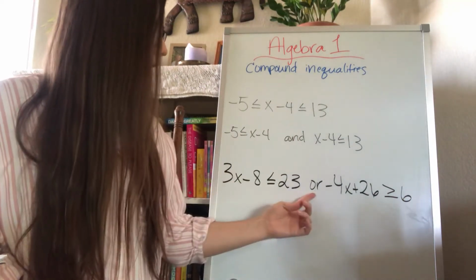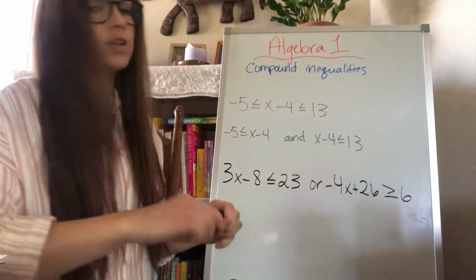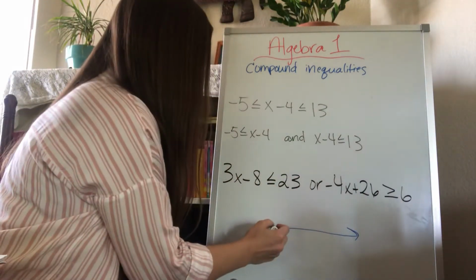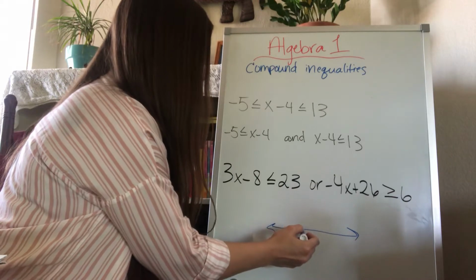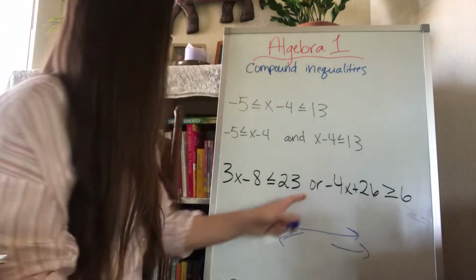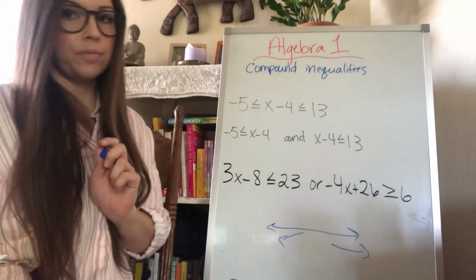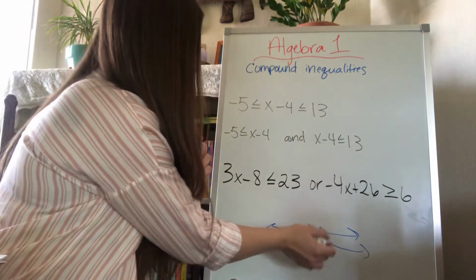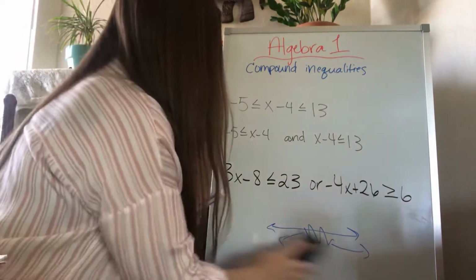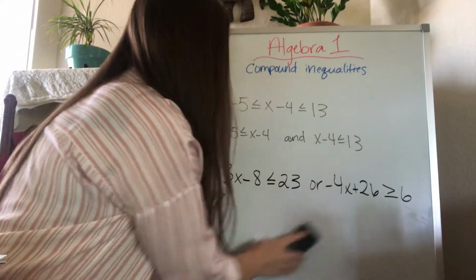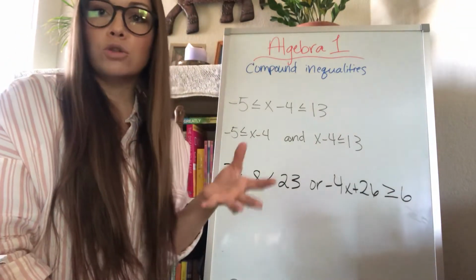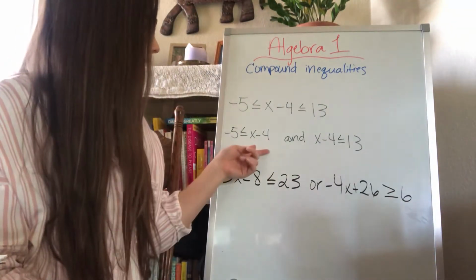And if it's an or, then on a number line the answer would either be less than a certain number or greater than a certain number, and none of this stuff in between. So that's basically the only difference between these inequalities and the ones you've been solving: they have a different solution base. Okay, so let's talk about the ands first.